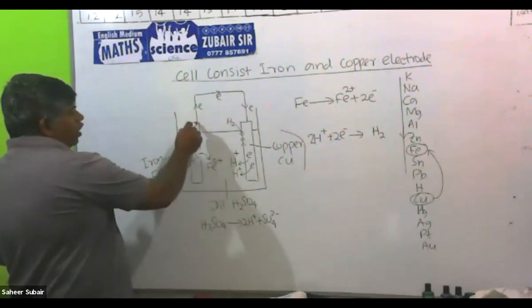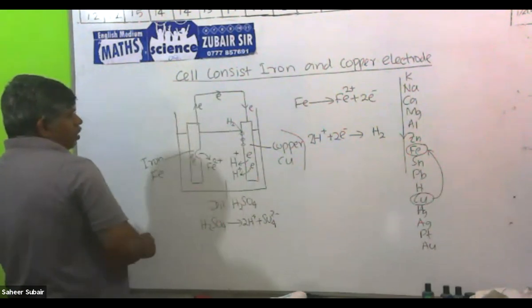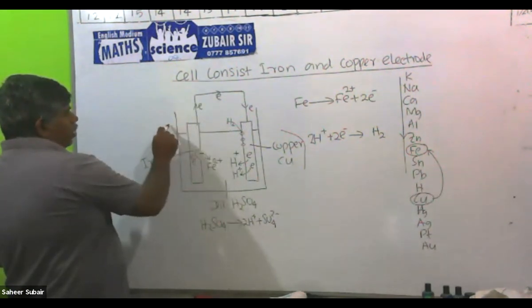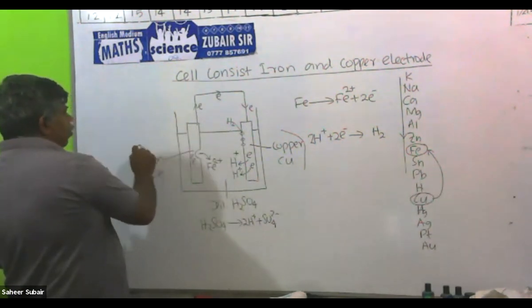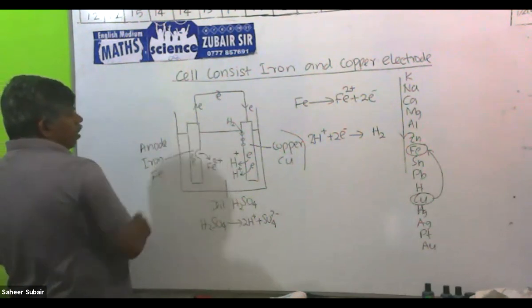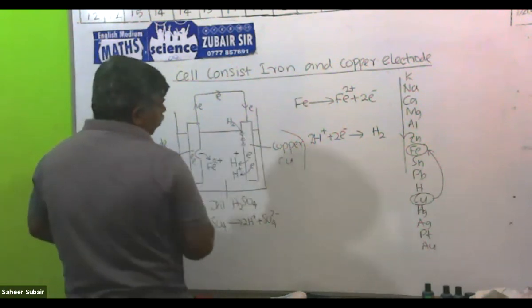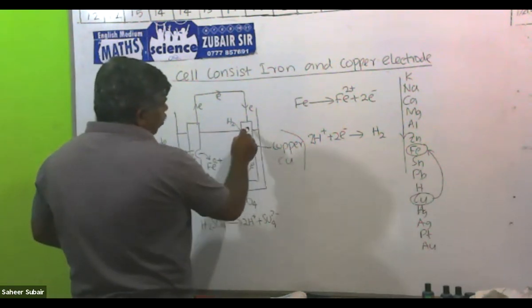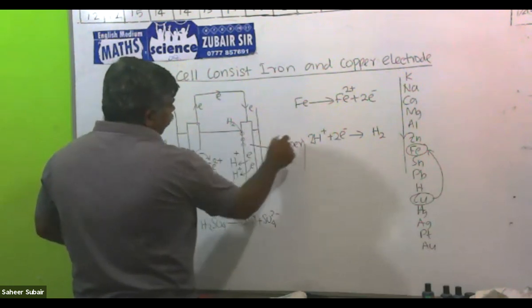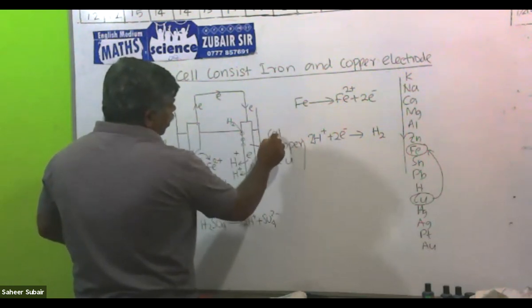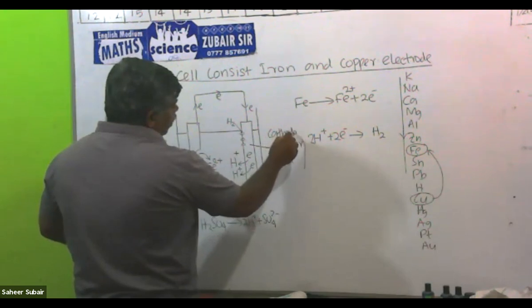This one is losing the electron. Losing the electron is called oxidation. Where oxidation occurs, that is called the anode. So this is the anode. This one is accepting the electron. Accepting the electron is called reduction. Where reduction occurs, that is called the cathode. So this one is the cathode.